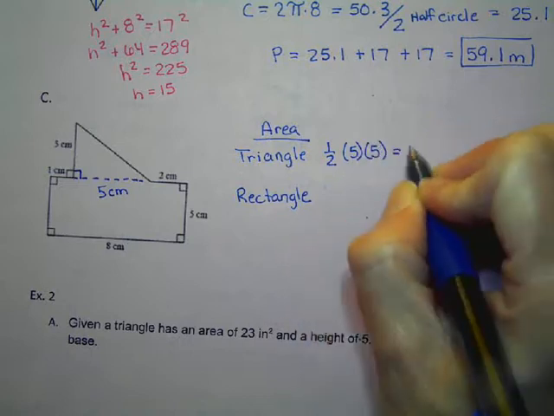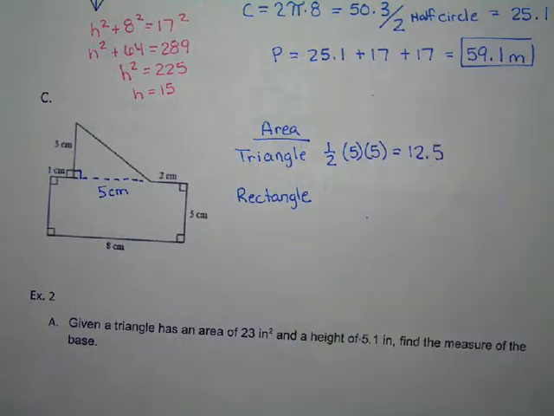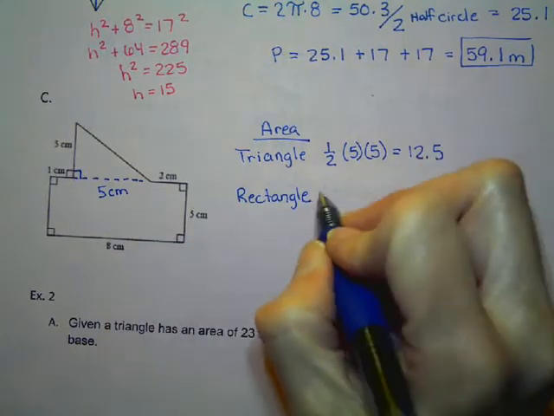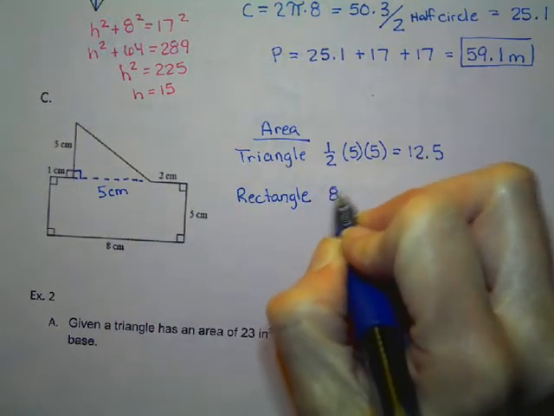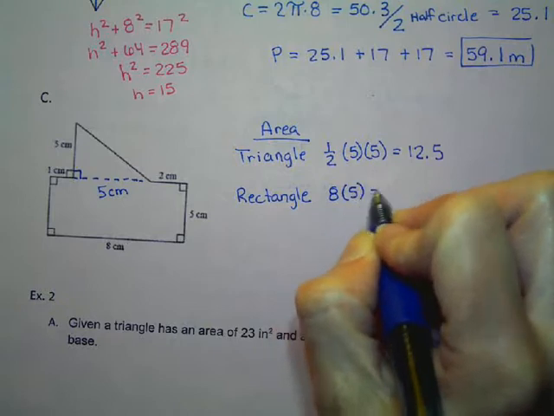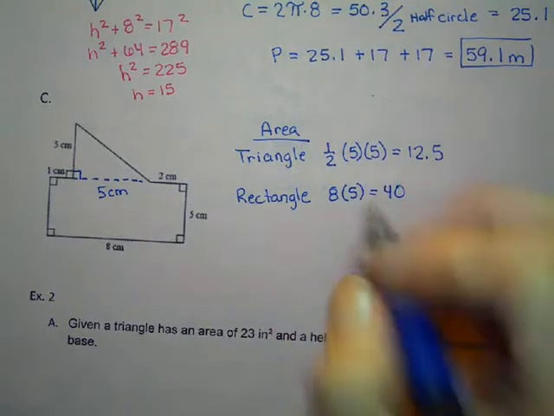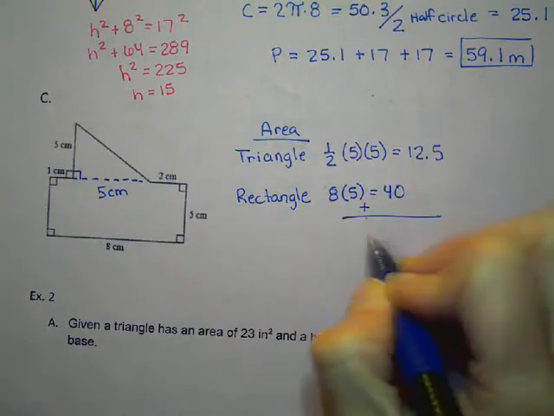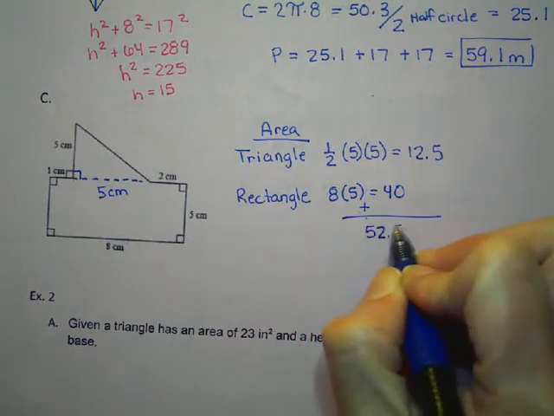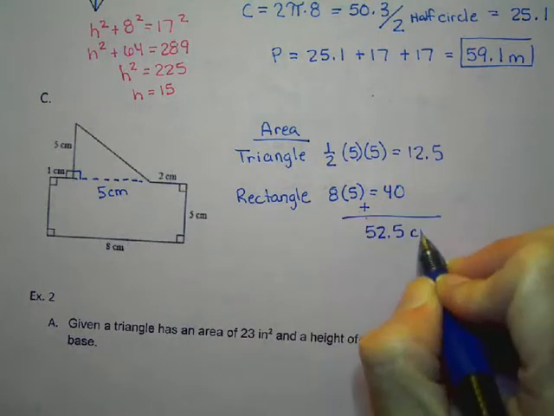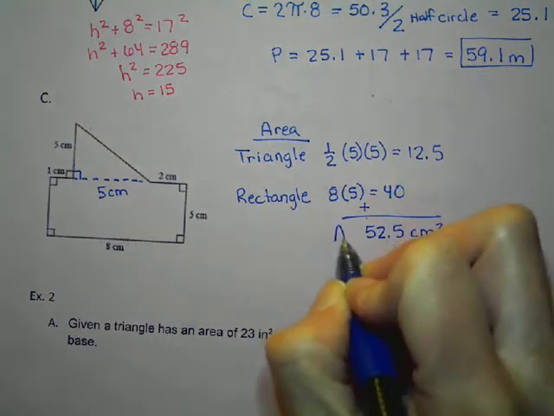The rectangle we have is length times width, so I'm going to say 8 times 5, which is 40. Then we'll add those two things together. So 52.5 centimeters squared is our area of those two objects added together.